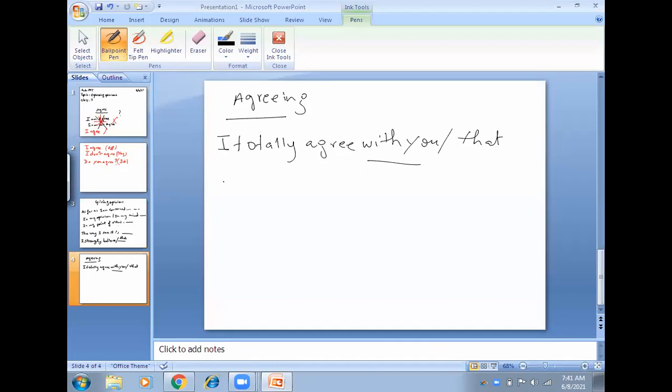Some people say I partially agree with you. That is another part. Here we are discussing agreeing, and we have disagreeing. Then we have partly agreeing. When you agree in some way, but you have another thing to give, another opinion to give. Partly you agree, not fully.